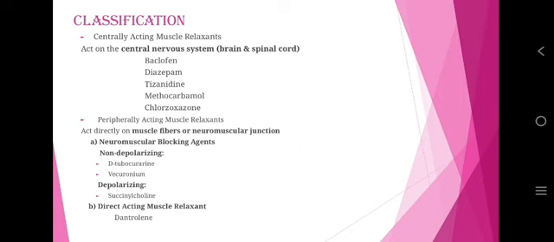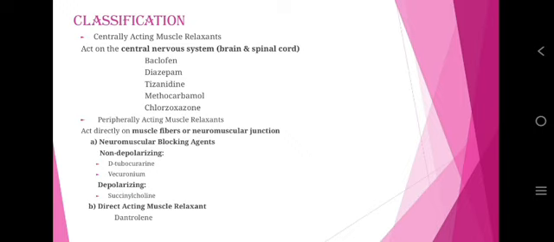The drugs involved are baclofen, diazepam, methocarbamol, etc. And the peripherally acting skeletal muscle relaxants act directly on the muscle fibers or neuromuscular junction.